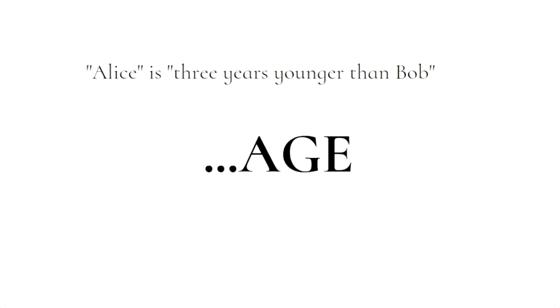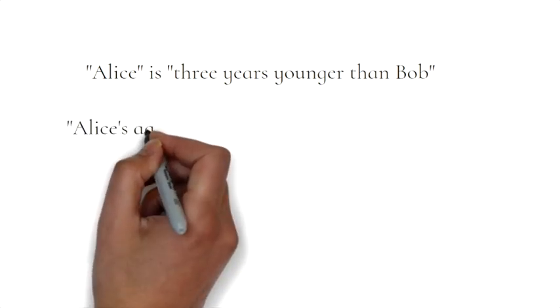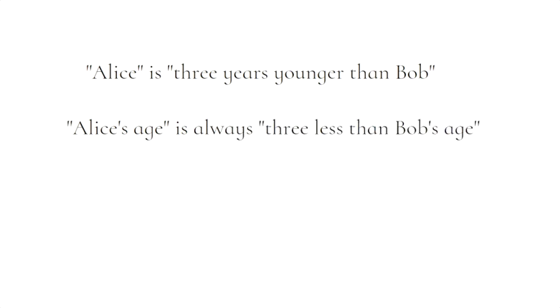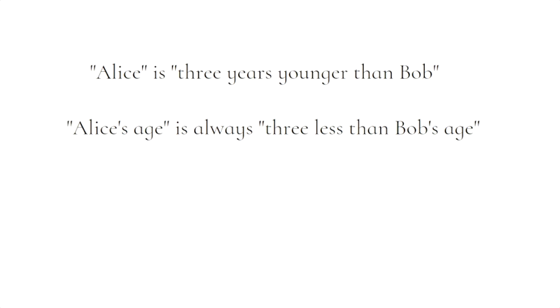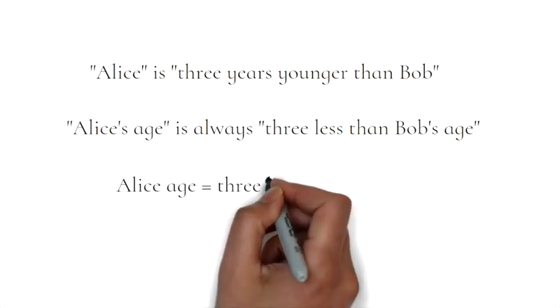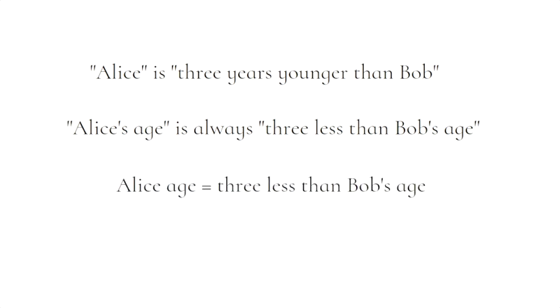The statement can thus be rewritten as Alice's age is always 3 less than Bob's age. With the equal sign representing is always, we write Alice's age equals 3 less than Bob's age.